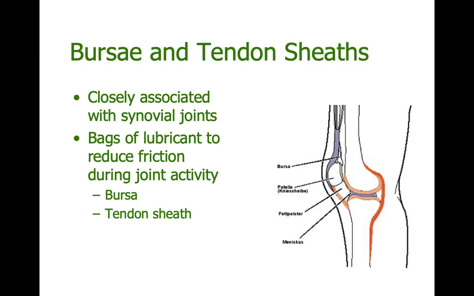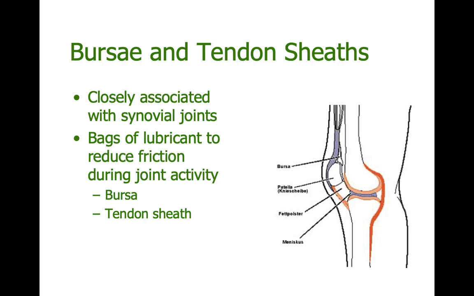The tendon sheath acts similarly. A tendon is made of strands of fibrous connective tissue. And if you think about a rope moving along a wooden dock, eventually, right, that motion going back and forth is going to cut the fibers, and eventually your boat is going to no longer be tied to the dock, it's going to be in the middle of the lake.